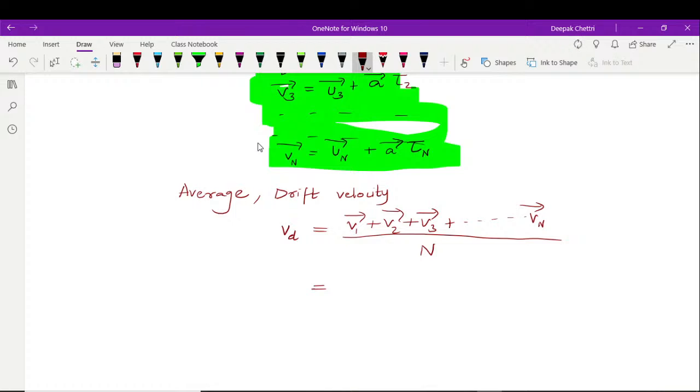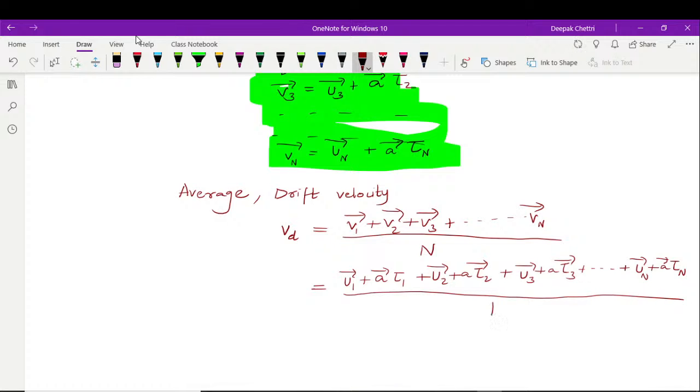Now we put the value: v1 is u1 plus a tau 1, v2 is u2 plus a tau 2, v3 is u3 plus a tau 3, and so on, and vn is un plus a tau n. This part is clear, I hope. Now divided by n. Any doubts so far?